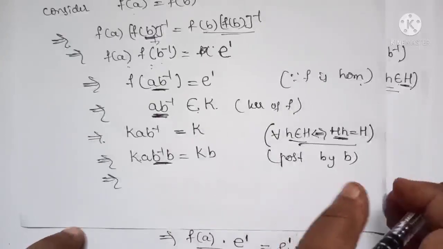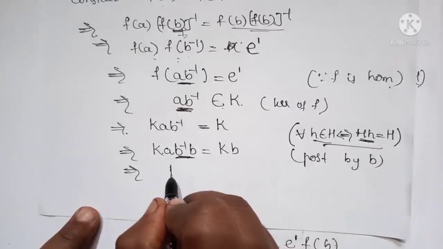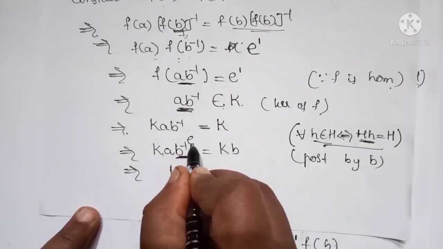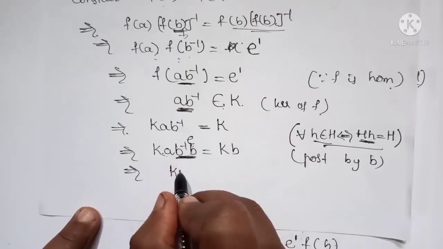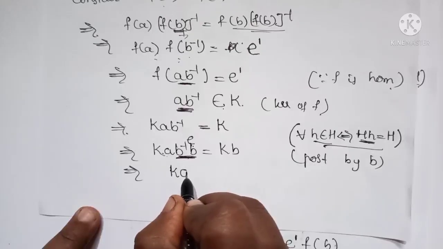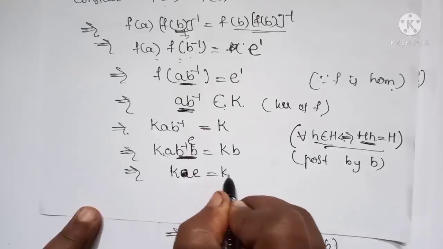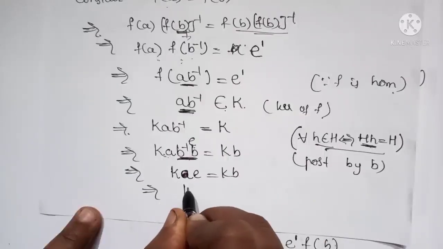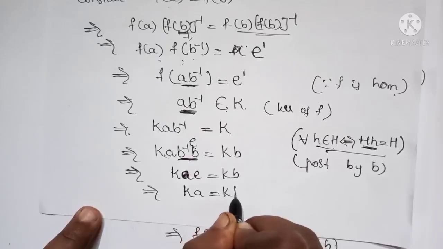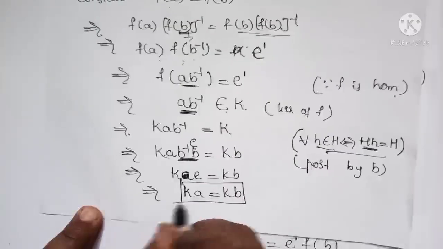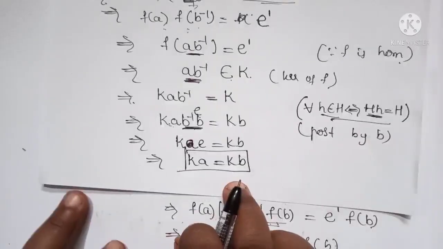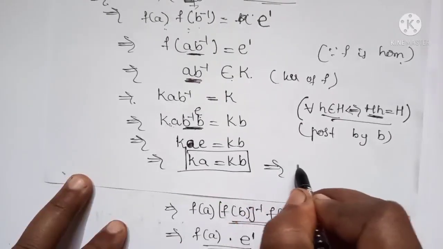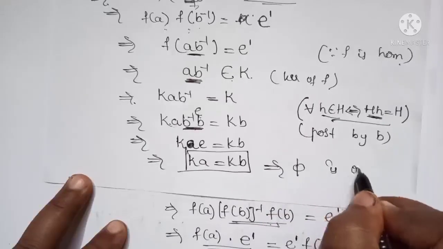So we get K a equals K a times e, and operating any element with the identity element gives the same element. So we get Ka equals Kb. We started with f of a equals f of b and have shown that Ka equals Kb. Therefore we can say that phi is 1-1.